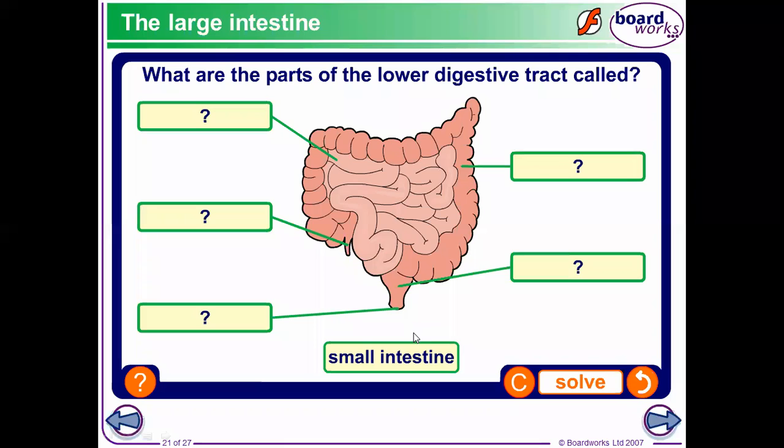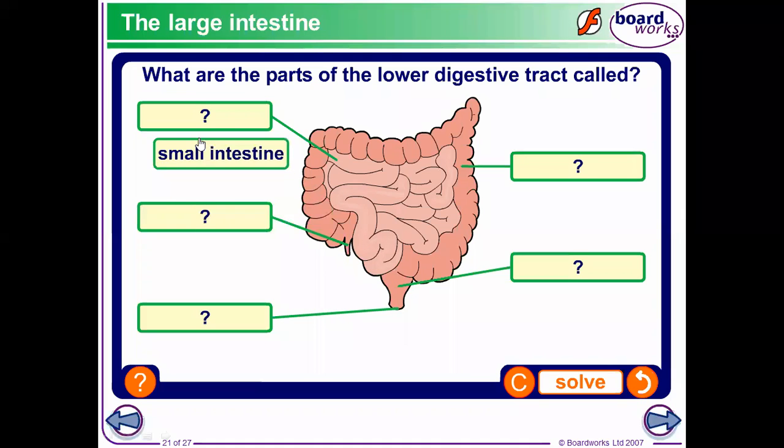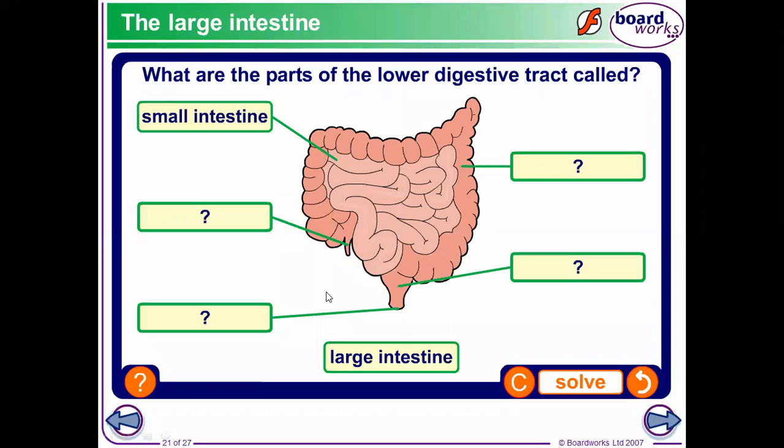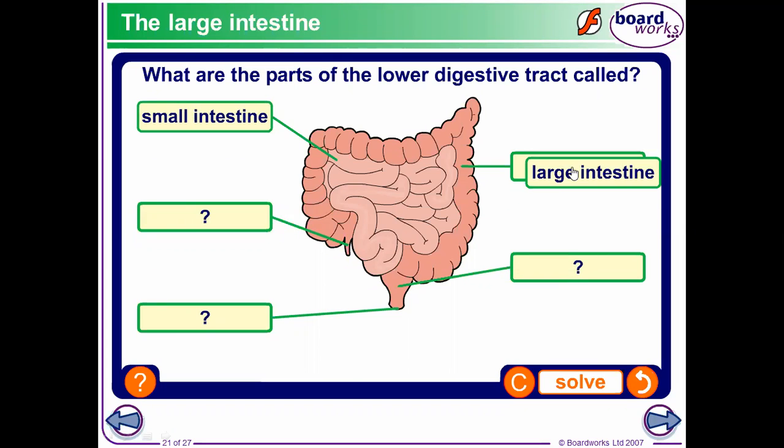Now, are you able to label it? In front of you there are 1, 2, 3, 4, 5. Where is the small intestine? Number 3. Yes, 3. Large intestine? The one on the right, 1.